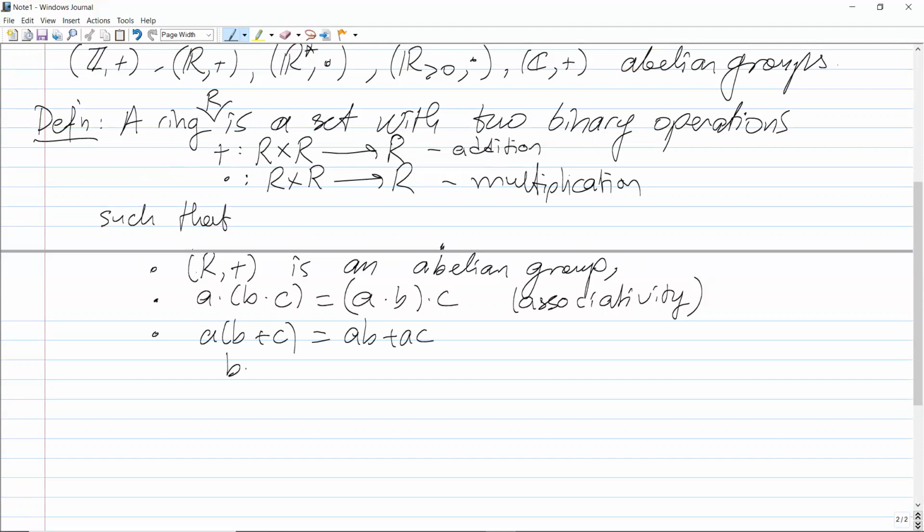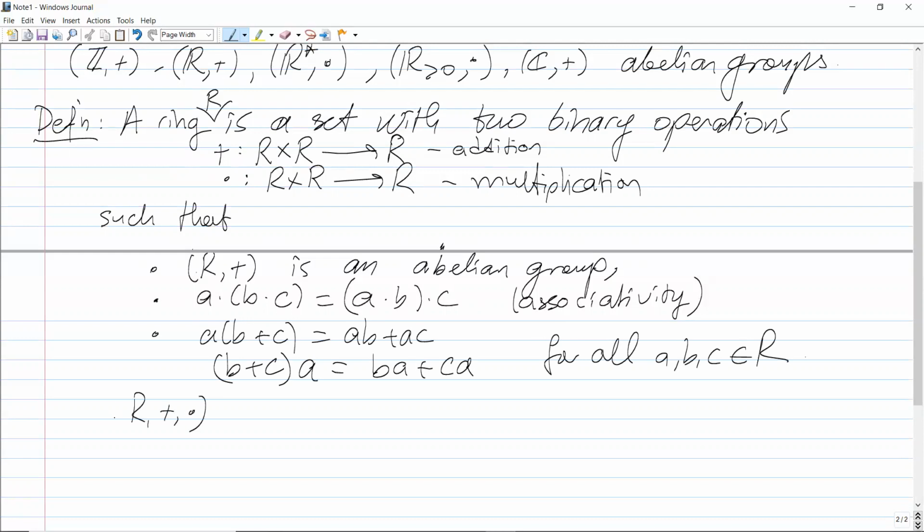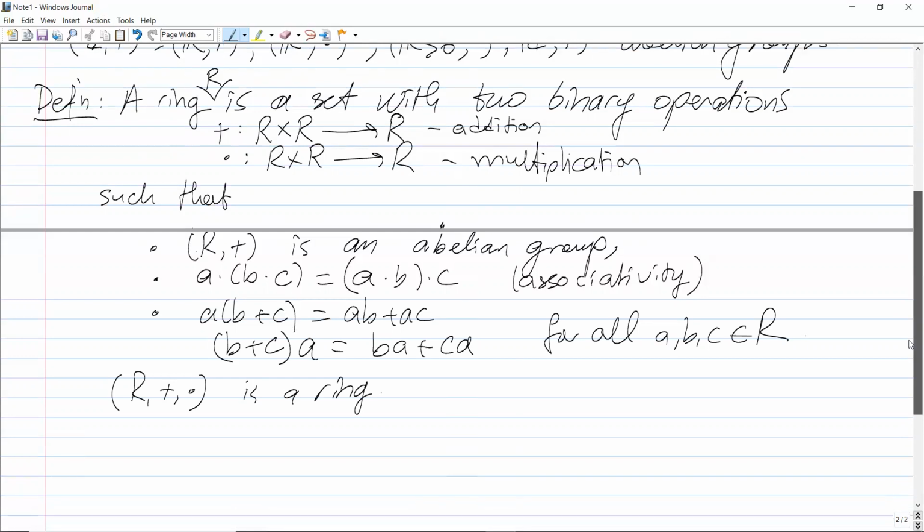It should distribute from both sides, so (b + c)a equals ba plus ca. This is for all a, b, c in R. If these conditions are satisfied, then we say that R with plus and this multiplication is a ring. Okay, that's a ring.